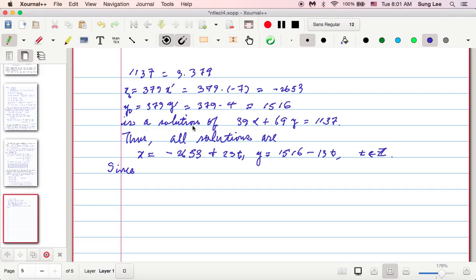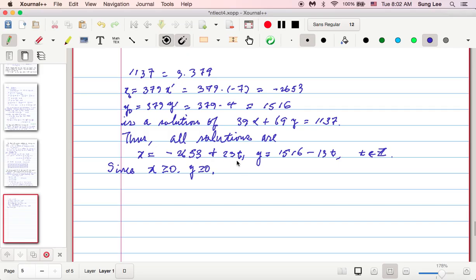So we have to include those possibilities as well. So actually, x and y are required to be non-negative integers. In other words, x is required to be greater than or equal to 0, and also y is required to be greater than or equal to 0.